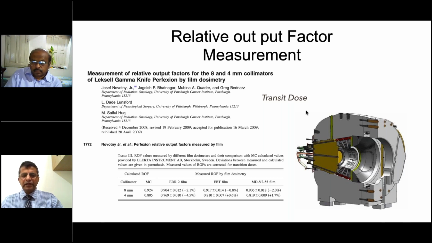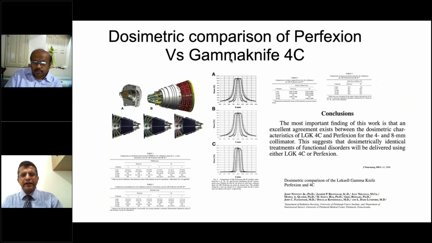However, there is one more study which compares the Perfexion system with previous versions of gamma knife. They concluded that the dosimetric characteristics of the gamma knife Perfexion for 4 mm and 8 mm collimators are comparable to the dosimetric properties of the previous versions, especially the Leksell Gamma Knife 4C unit.